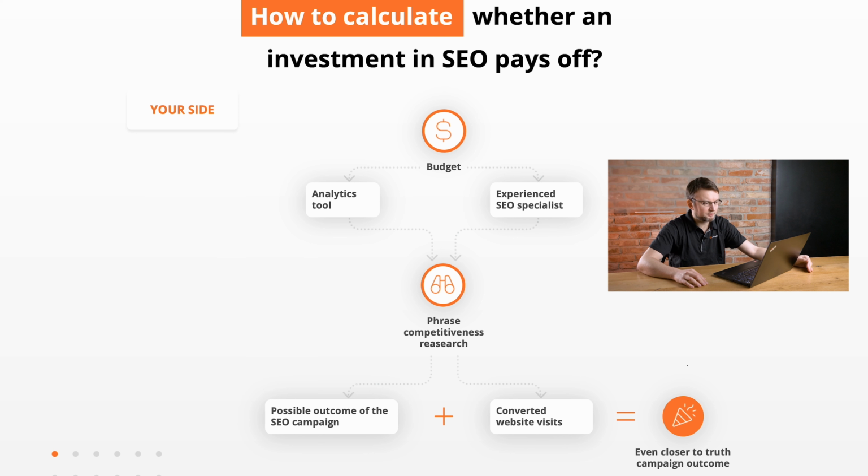And it is possible to determine this amount if we use analytics tools and an analysis performed by a person experienced in this field. The analysis is focused on the competitiveness of phrases that are important for your business. The specialist visits those websites that are ranked high for those phrases, so he can determine the required costs to achieve specific goals, such as achieving the first position in search results.